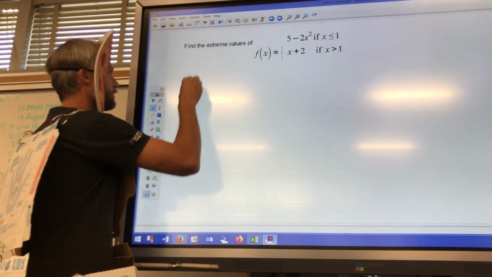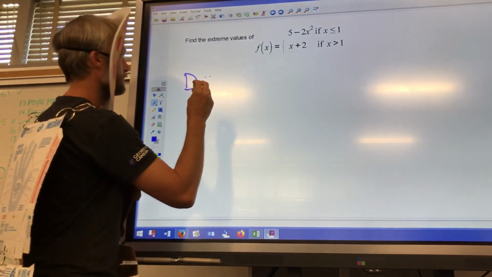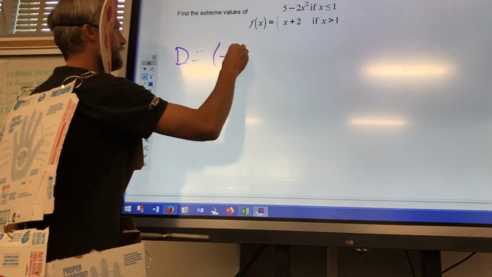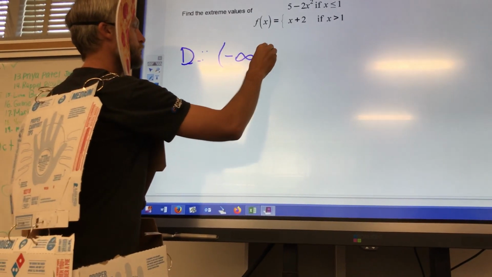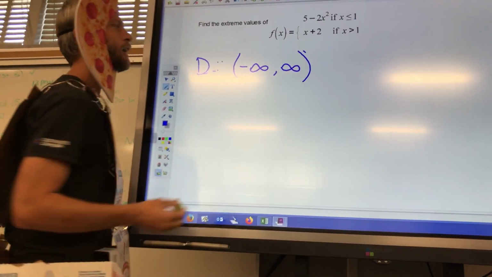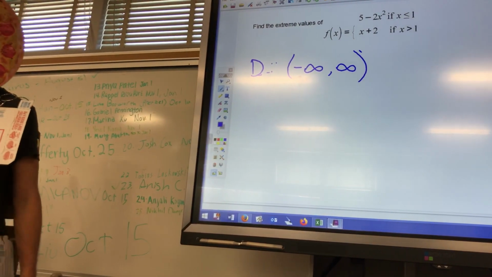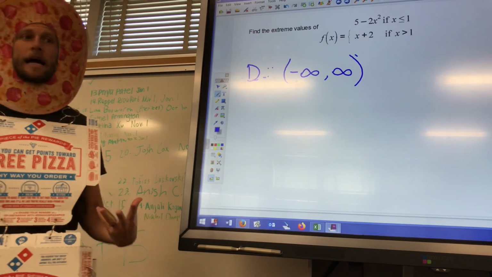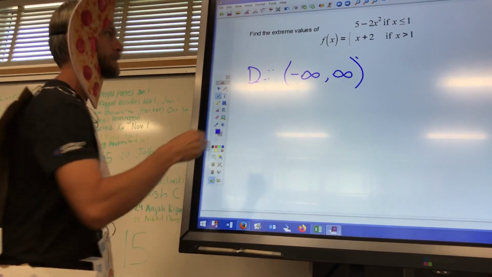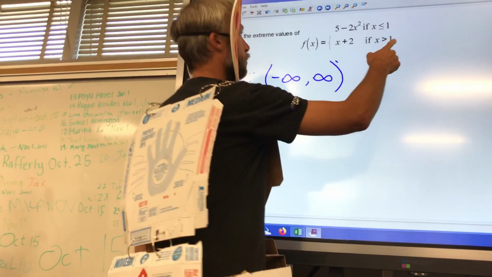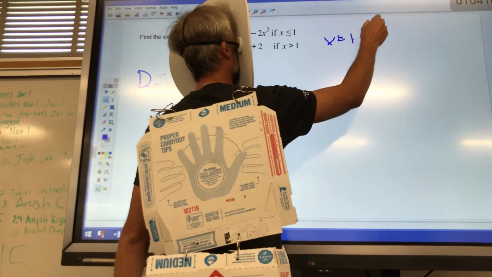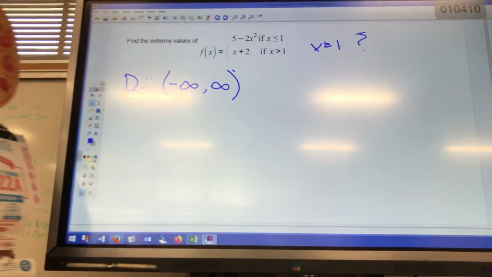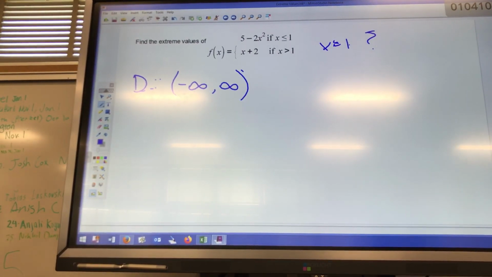Yes. So our domain is negative infinity to infinity, but we have potentially some sort of discontinuity or something at x equals 1. We have something weird happening at x equals 1, so we're going to have to investigate what's going on there.